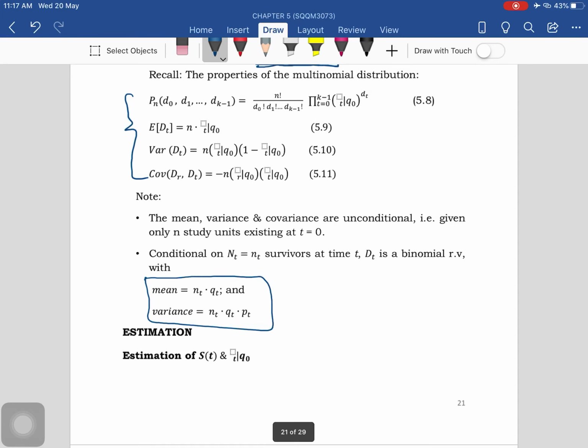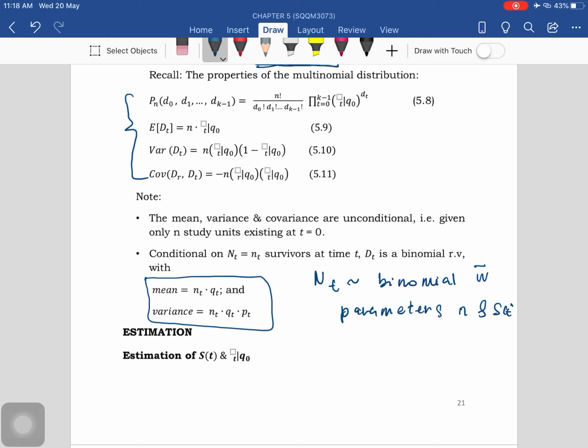NT is binomial with parameters N and ST. So ST, QT, we just play around with the equation.